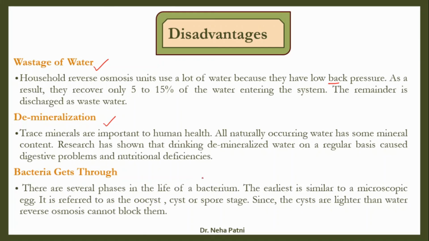But this problem has now been solved because nowadays RO does contain that mineral container. Similarly, another disadvantage earlier was that bacteria get through the RO process and are still there in your water. But nowadays, as I said, UV and ozone containers are also there in RO. So if they are present, that means the bacteria will be killed.